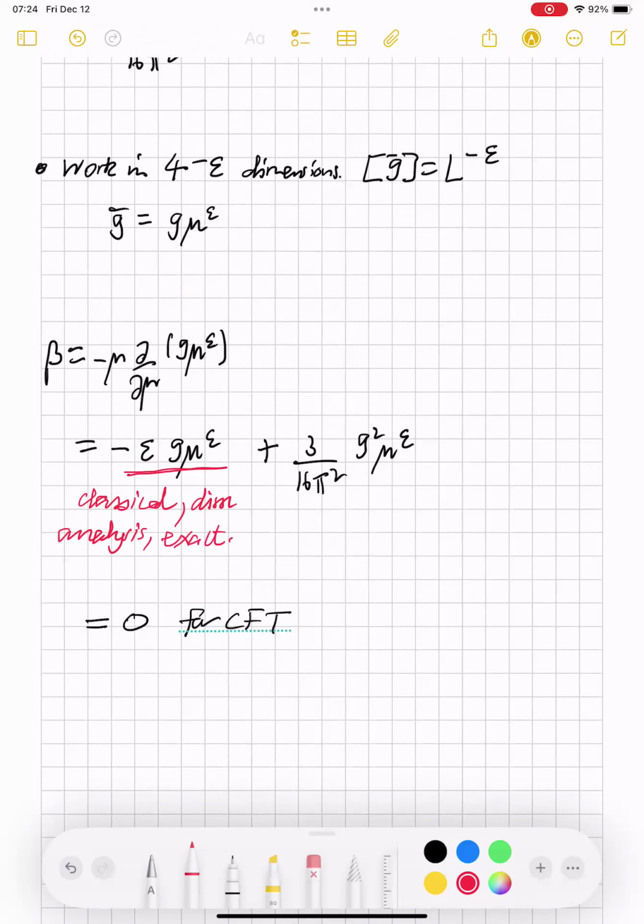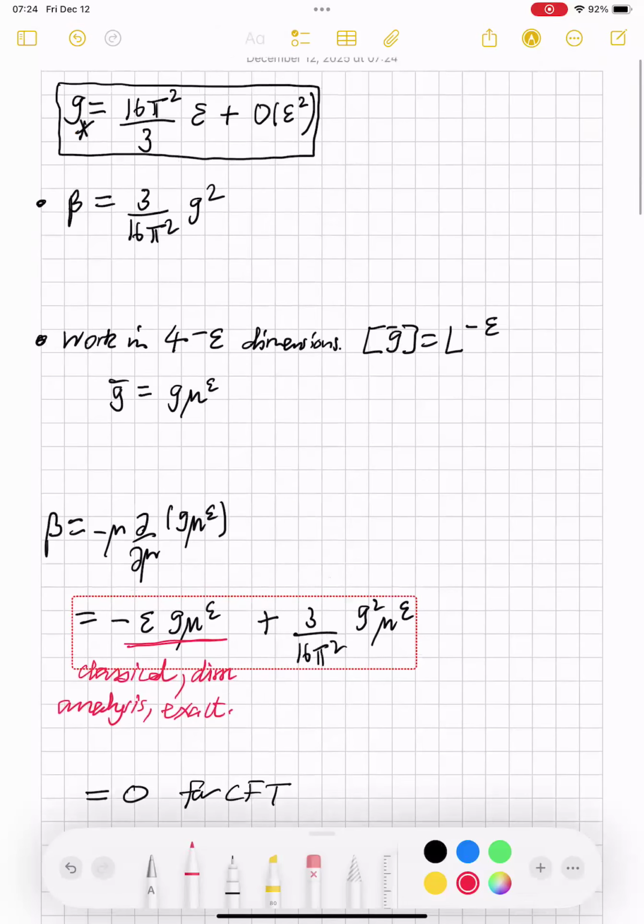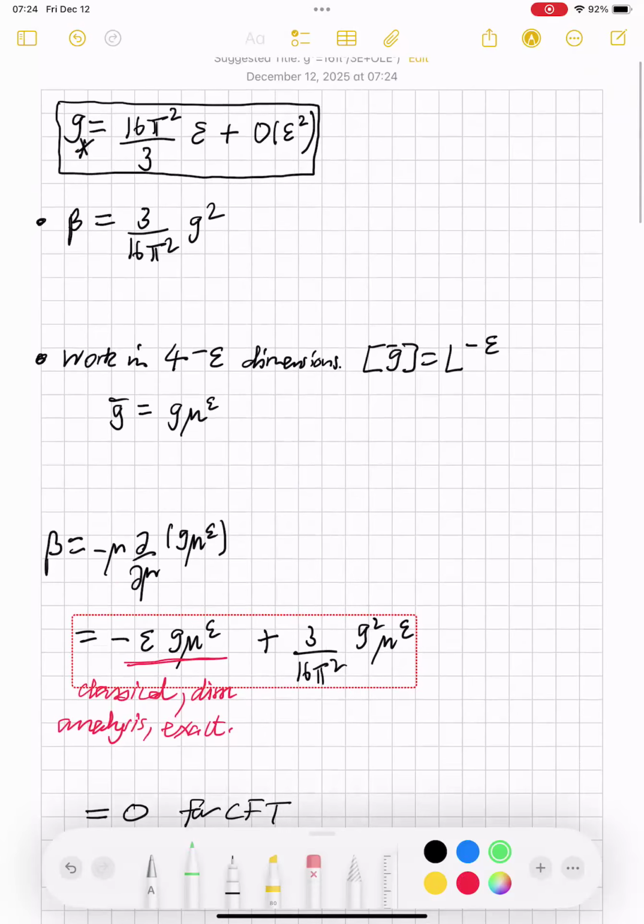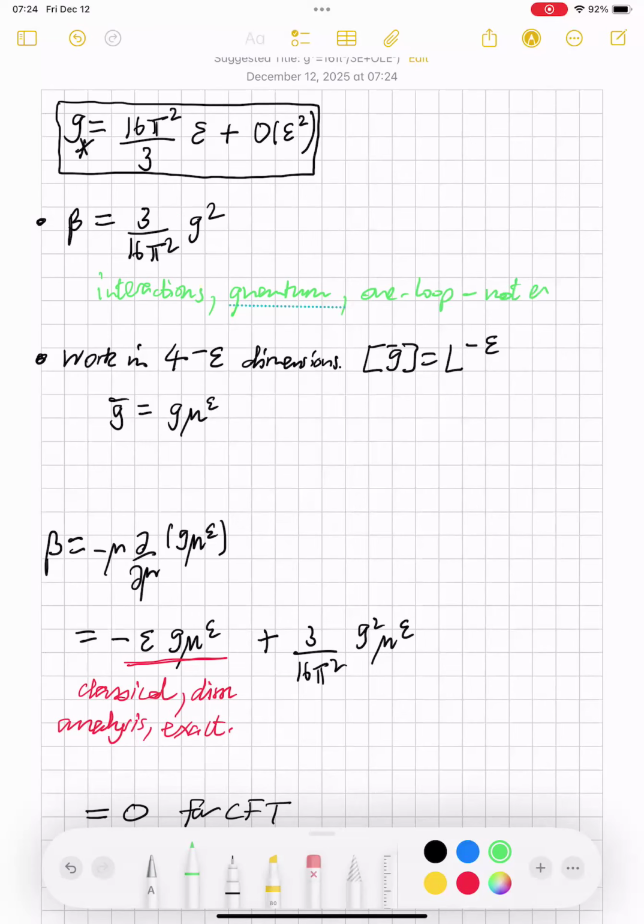Okay, so there's no approximation there. On the other hand, when we look at the beta function, this comes from interactions. So it's not from dimensional analysis. It's from interactions. It's very much a quantum effect. It came from a loop in a Feynman diagram, and it is only one loop, i.e., not exact. Not exact at all.